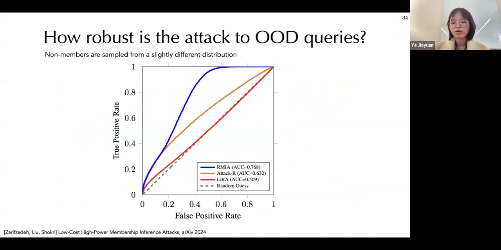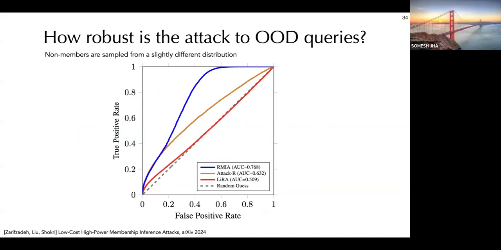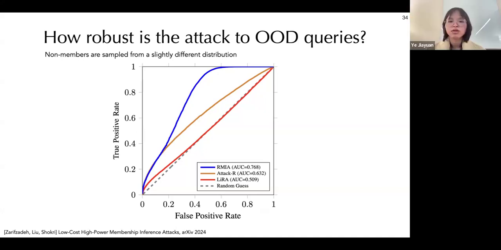And additionally, the attack really shines when we want robust performance over out of distribution data. This is often the case in deploying this attack, because you don't know the distribution of the training data.